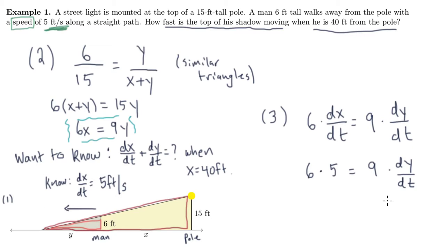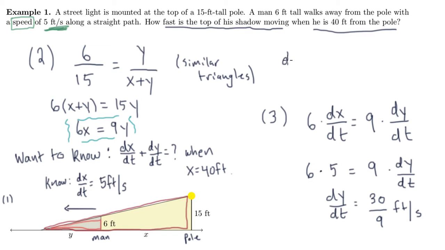Or in other words, dy/dt is equal to, well, 6 times 5 is, let's see, 30. Okay, so looks like we have 30 over 9, and this will be feet per second. Same units as dx/dt over here. But now remember, we're not looking for dy/dt, we're actually looking for dx/dt plus dy/dt.